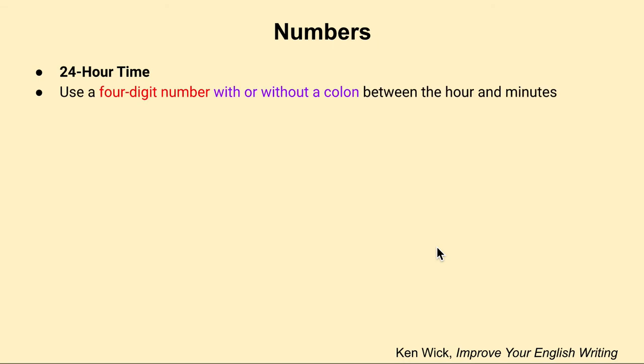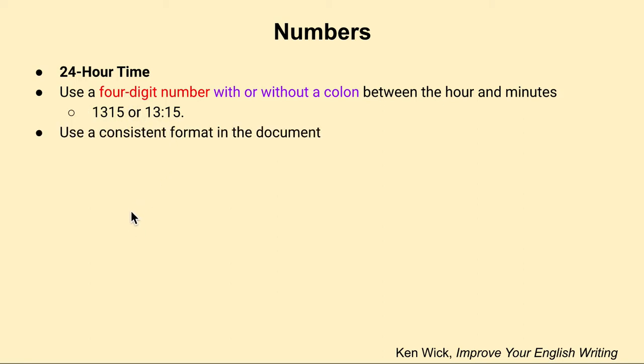What about 24-hour time? Well, 24-hour time uses a 4-digit number with or without a colon between the hour and minutes. So 4-digit with or without. So you could have 1315 or 13:15. It's a 4-digit number with or without the colon. Use a consistent format in the document. And use a colon for an unclear context, which means if you're unclear, then you're probably going to end up using a colon between the two.